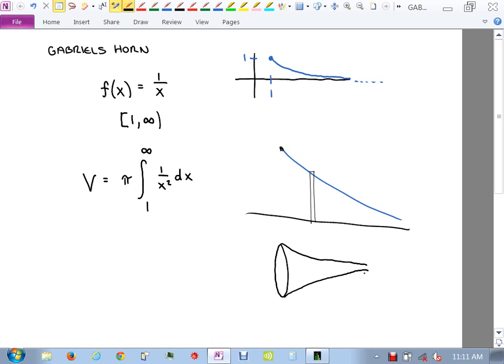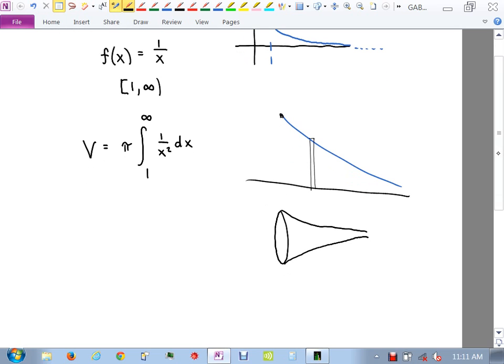Now let's compute the volume. I actually want us to compute that integral. Remember, this is just x to the negative 2, right? So the antiderivative of x to the negative 2 is what? Careful, it's negative 1 over x.